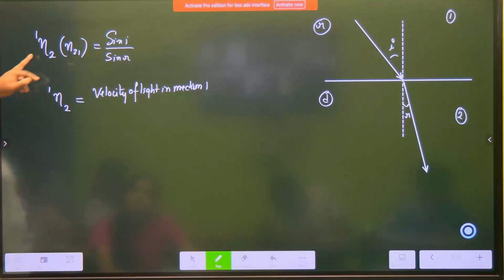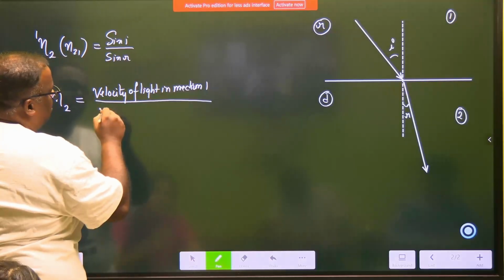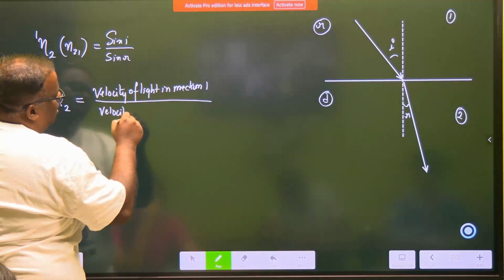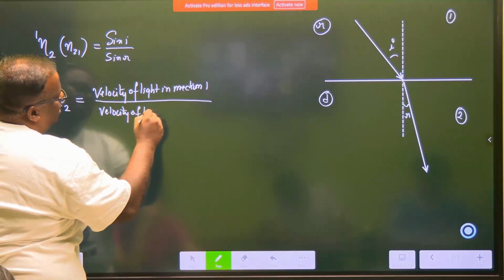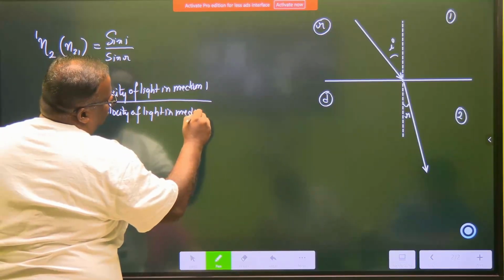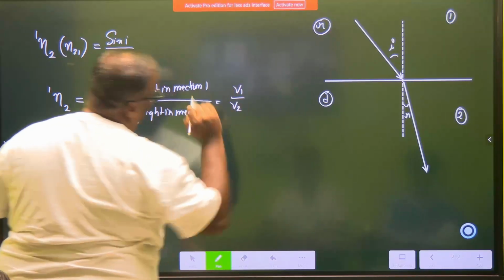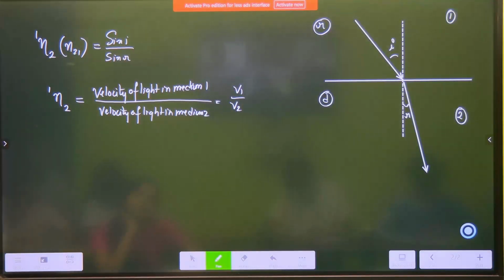That's the beauty of writing the formula in this manner. You will never make a mistake, right? Medium 1 over velocity of light, right children, in medium 2. So I write this as V1 over V2. Can I write this? V1 over V2.